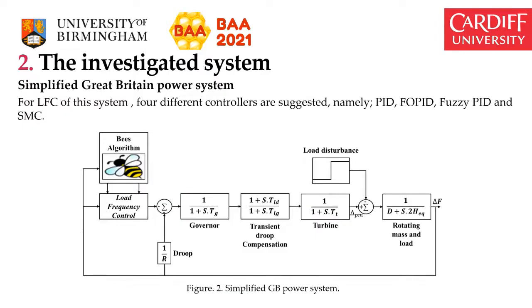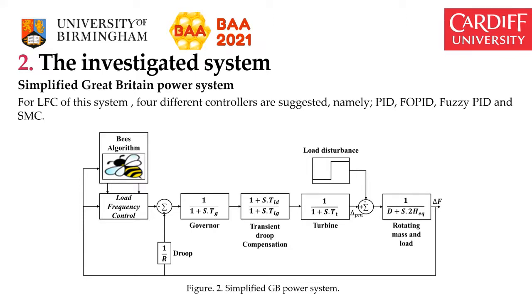Our proposed controllers will be used as load frequency control in the shown simplified Great Britain power system. This system has been widely used to verify the effectiveness of different strategies proposed to control the frequency in the Great Britain power system and to study the behavior of the system.